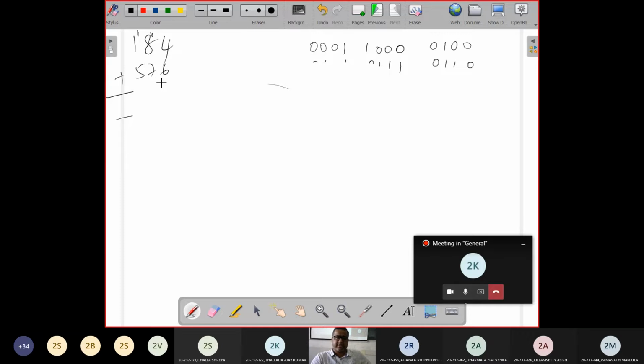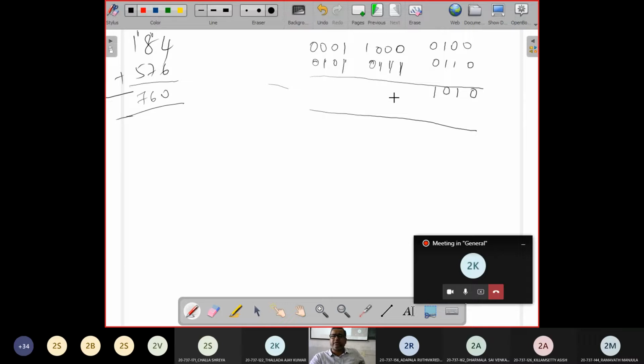So the answer you expect here is 760. Here it is 0101. Here it is 0111. So we are adding these two digits, these two numbers. What is the answer you expect? So we are adding binary 0, 1, 0, carry 1.